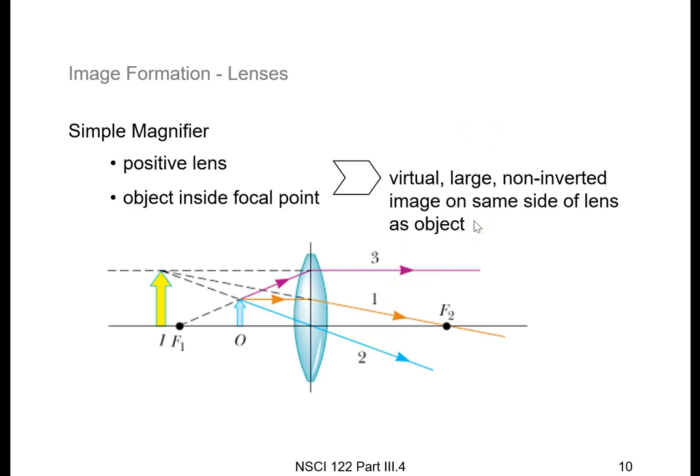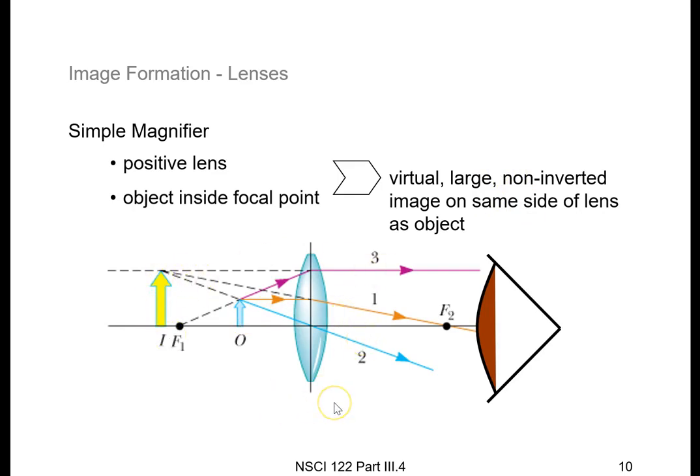So your eye is going to be over here, catching those rays. If you catch those rays, what you're going to see is this virtual, larger than the object, non-inverted, or upright, image. It's not upside down compared to the object, and it's on the same side of the lens as the object. And that's what you would see.